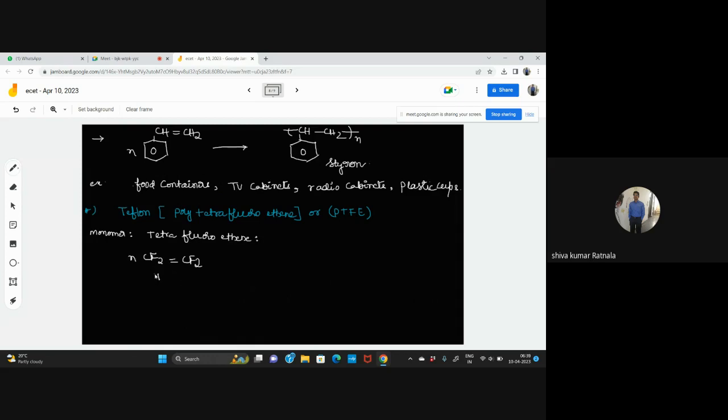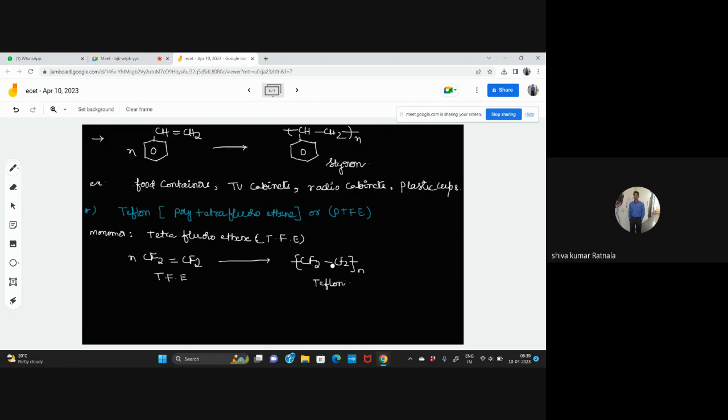This is TFE, tetrafluoroethane. By taking n times polymers, we are going to get Teflon. We will get PTFE, which is also called Teflon.